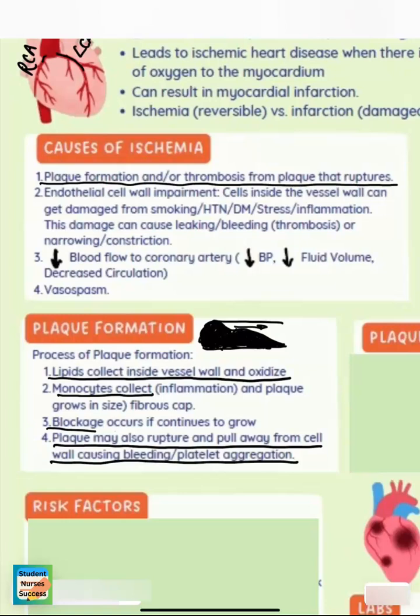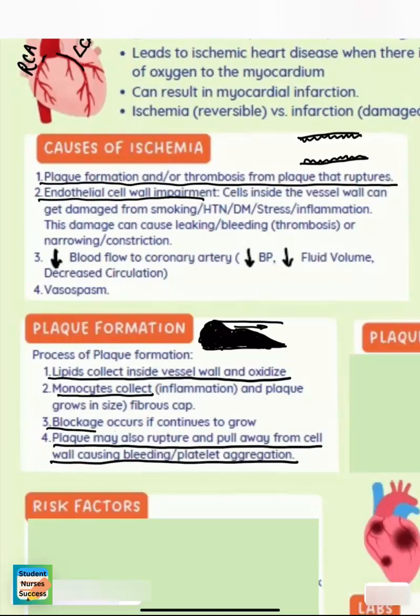Another cause of ischemia or decreased blood flow through the coronary arteries is endothelial cell wall impairment. Inside your vessel walls, you've got little endothelial cells, and these little endothelial cells can get damaged.